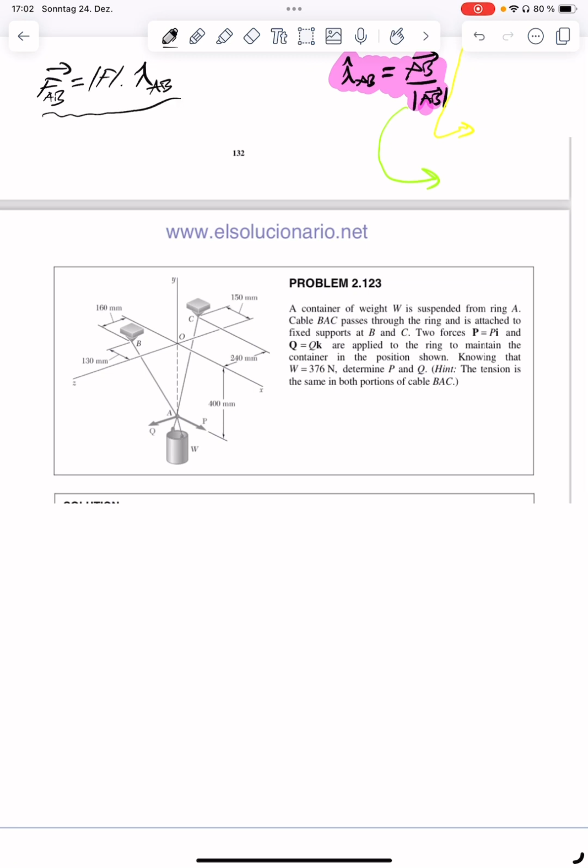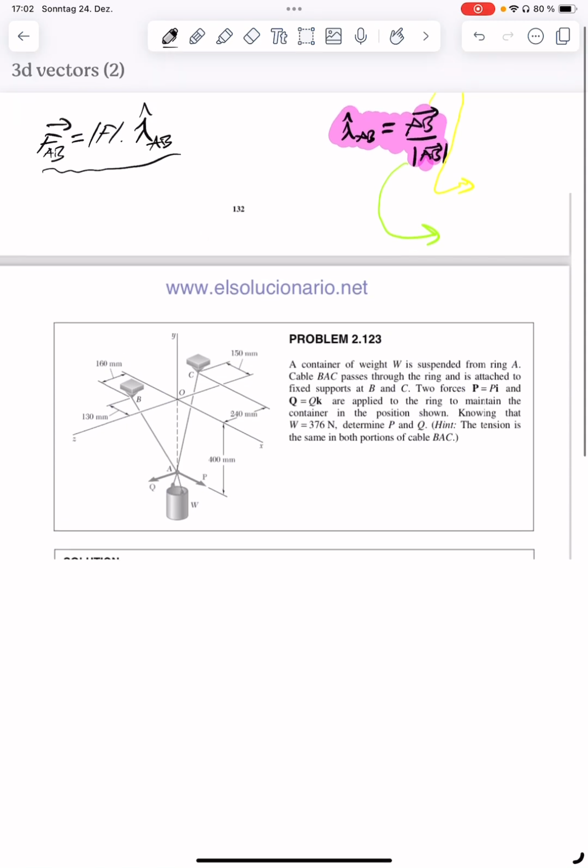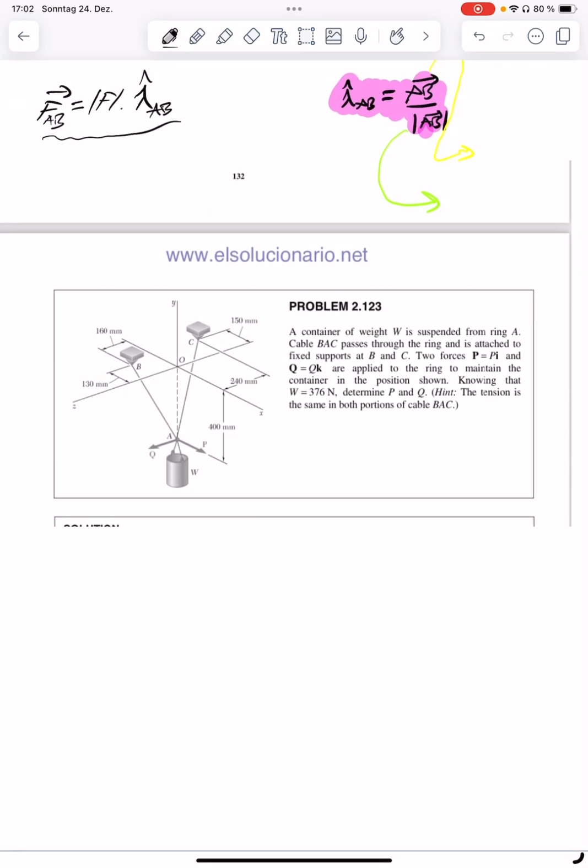The vector F_AB is equal to the magnitude of F cross lambda hat AB, and we can find lambda hat AB with the AB vector divided by the magnitude of the AB vector.